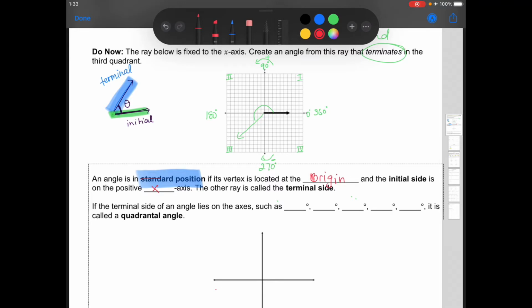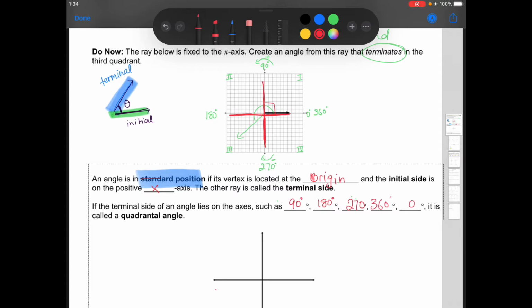If the terminal side of an angle lies on the axis, so I'm going to show it up here. If my terminal side was this, what would be my angle? My angle is 90 degrees, right? So it could be 90, or if it's here, then it would be 180 degrees. On the axis, so these are the angles: 270, then 360.